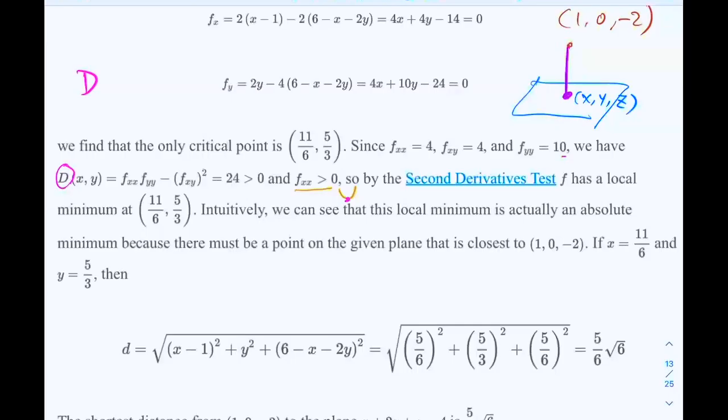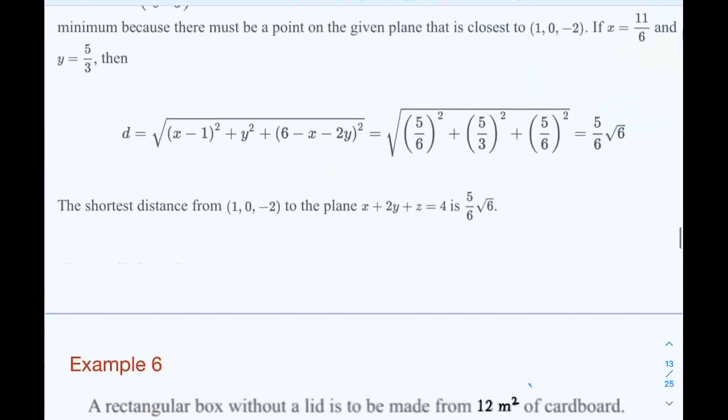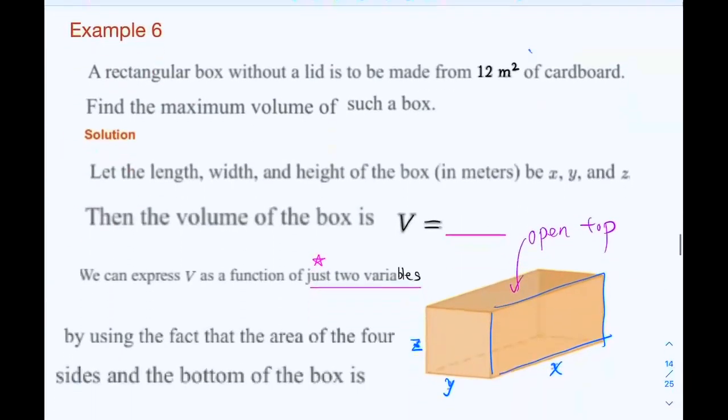Wow, that's a lot to do. Okay. Let's look at example 6. Example 6 is so similar to what we did in Math 110A. At that time, we did the optimization problem, right? So we're trying to make a rectangular box like this without a lid.